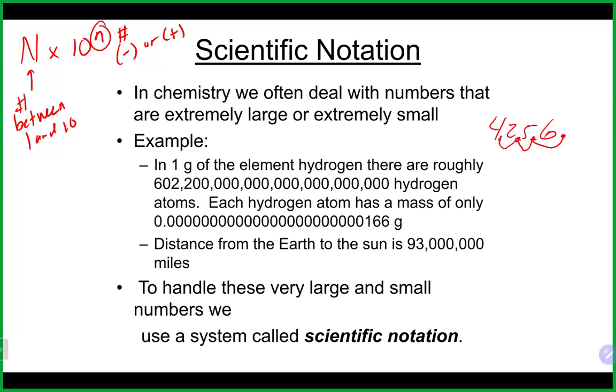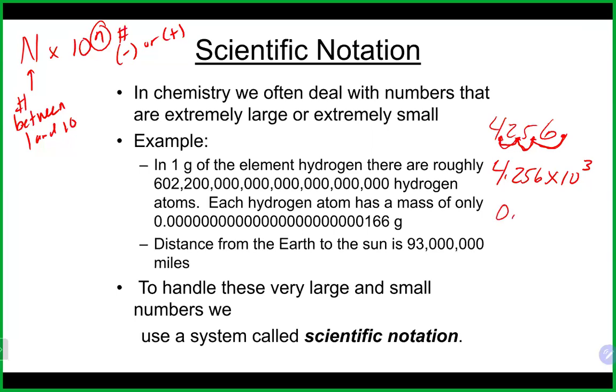One more place gets us 4.256 times 10 to the 3, because we moved it 1, 2, and 3 places to the left. It is typically a positive exponent if the number is a large number, over 1, or you moved it to the left.